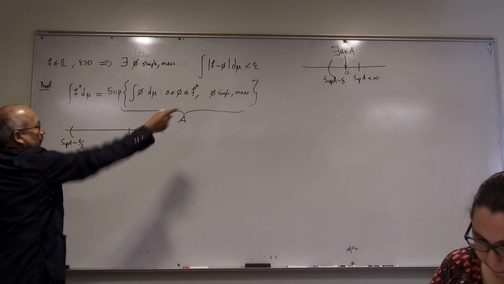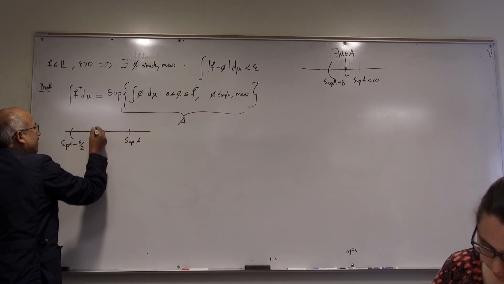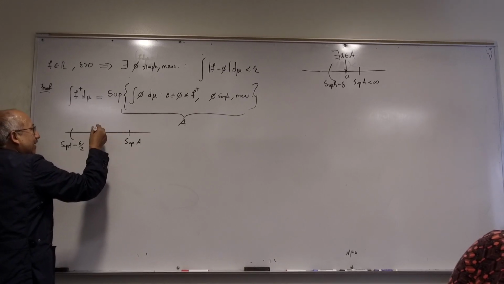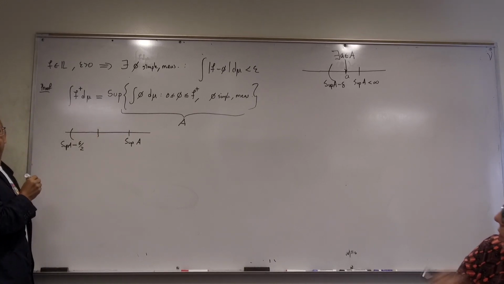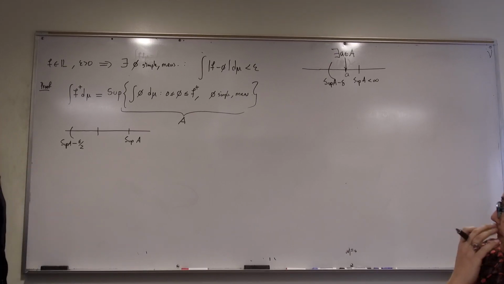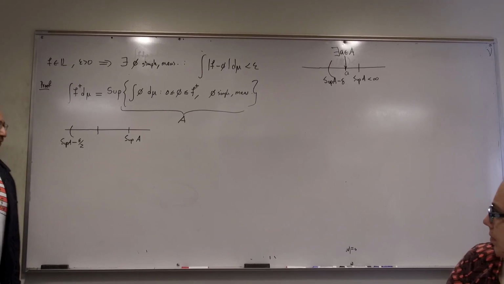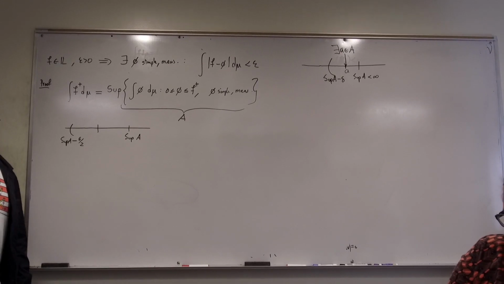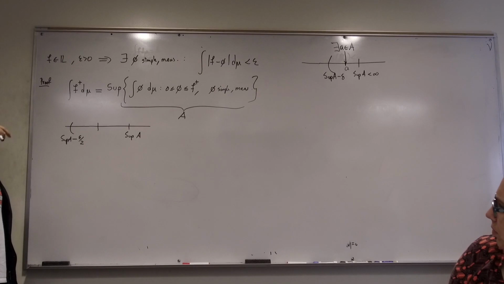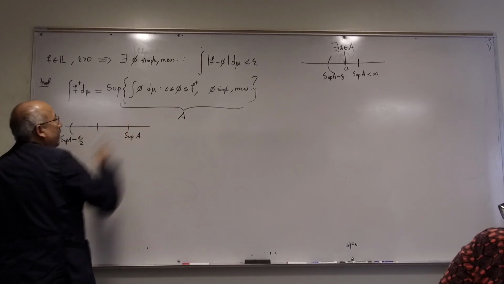So, by that fact, there exists what, guys? There exists an element in A somewhere here, right? Now, question for you. How do the elements of A look like?